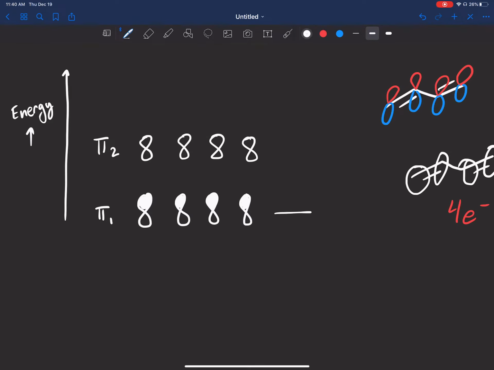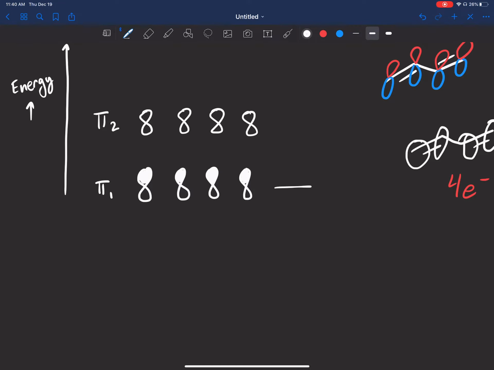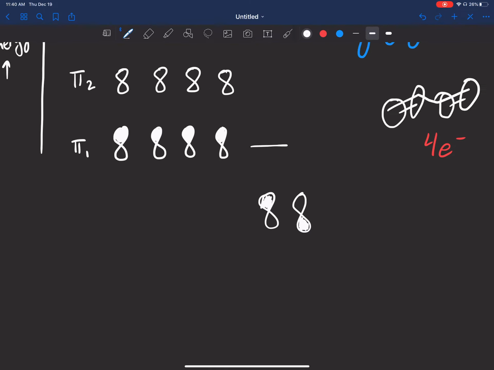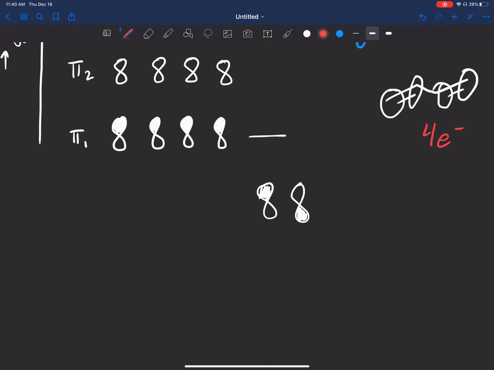So one thing I didn't mention is this idea of a node. I showed you this little example right here, where I had one shaded and one that wasn't, and when they're next to each other, this is destructive overlap. So when we have this, we put this little dashed line between them, and this is called a node.